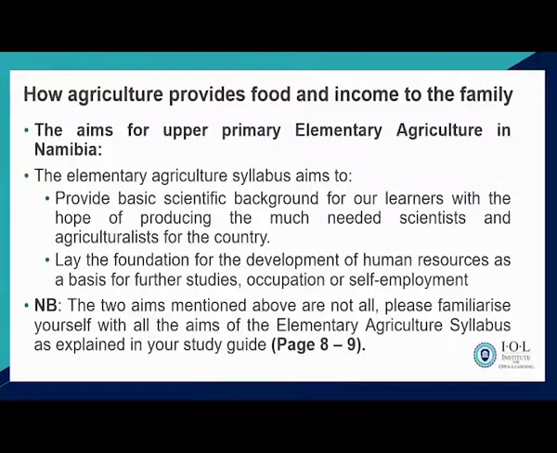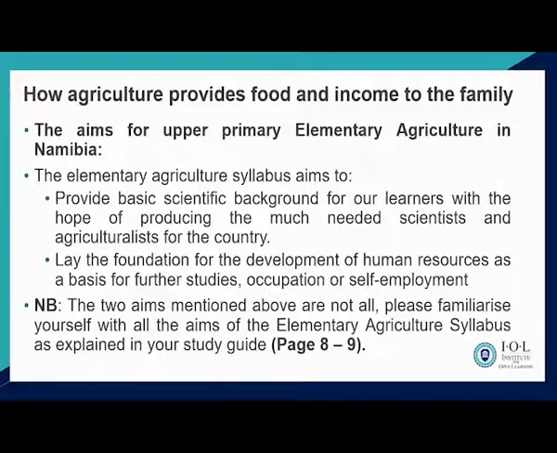Another aim is to lay the foundation for the development of human resources as a basis for further studies, occupation, as well as self-employment. However, in these slides, I've only included two of the aims of why we do agriculture.